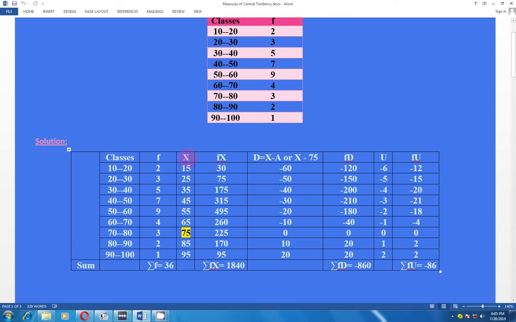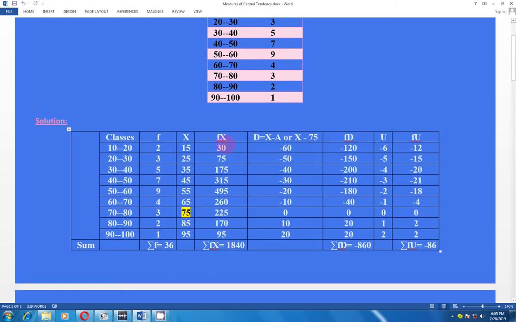So after obtaining x, the next step is to calculate the product of f and x. So 15 multiplied by 2 is 30, 25 multiplied by 3 is 75, 35 multiplied by 5 is 175, and so on. And after summing all the values of fx, the result is 1840, and sum of f is equal to 36.